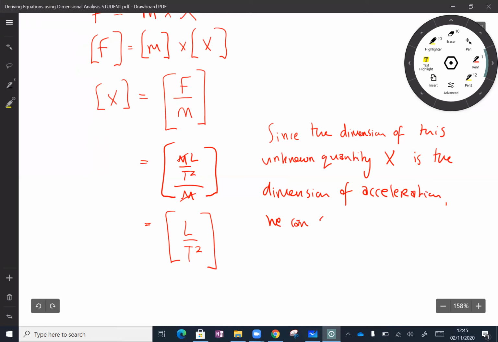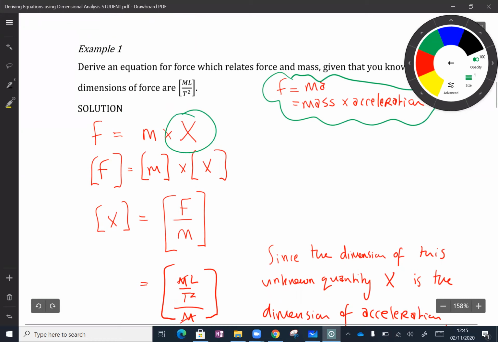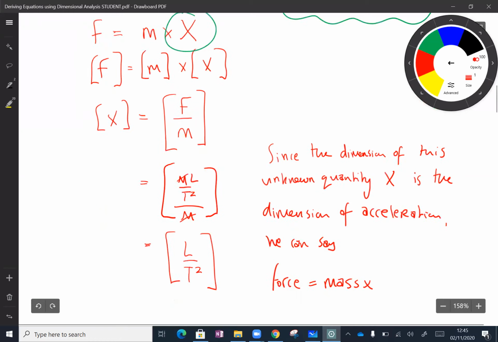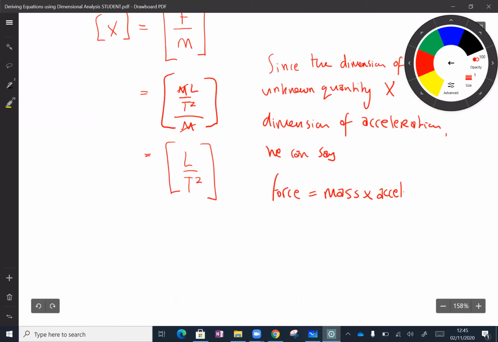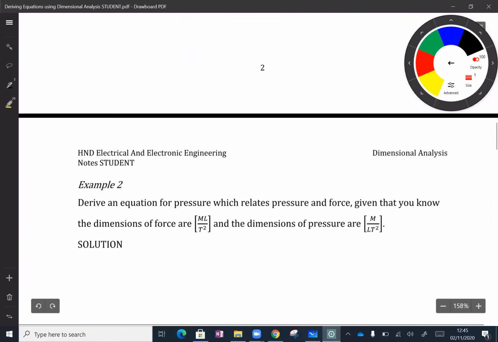So in our original equation, we had force equals mass times the unknown quantity, so it's mass times acceleration, which is what we knew to start with, but we have worked this out without knowing that. A lot of you tried question 2, but you were starting with the equation that you know. You need to start as if you don't know it.